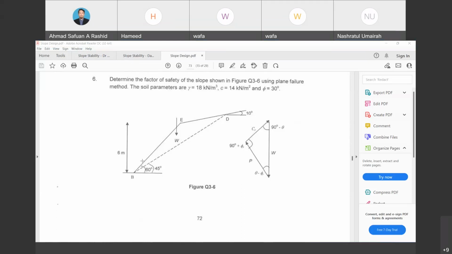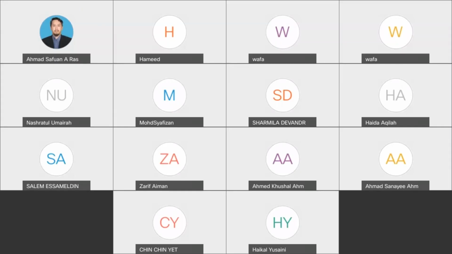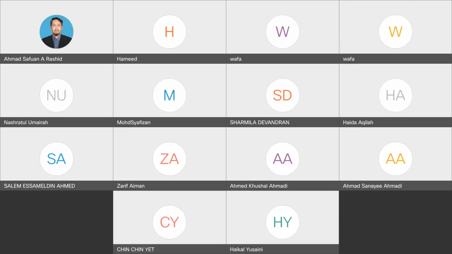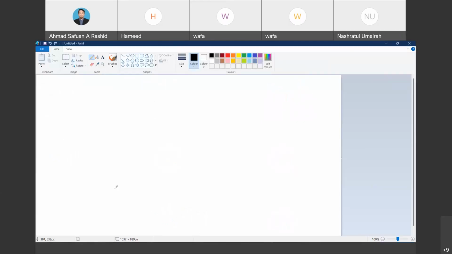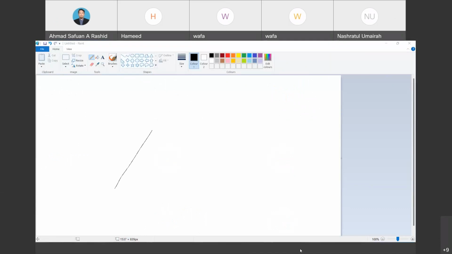So hope you still remember the sine law. So this is the line to represent the BE.